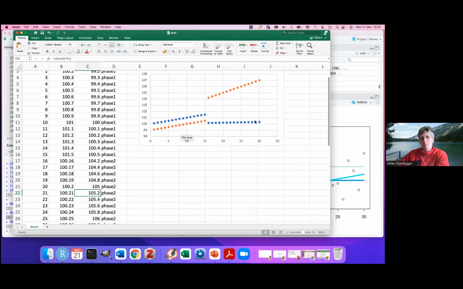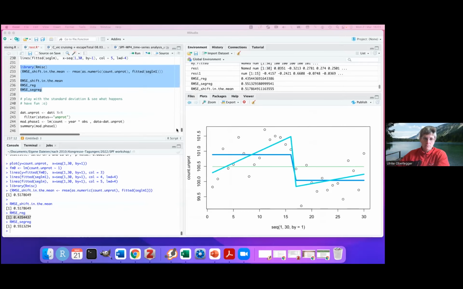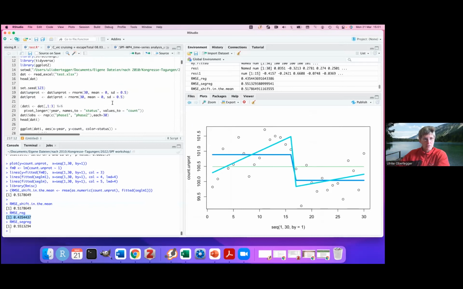The problem comes with the phase two unprotected, where my parameterization was to decrease the slope, and then by adding this random noise, as you can see here, probably I completely decreased the trend in this part, and so the whole analysis gets a little bit more tricky.